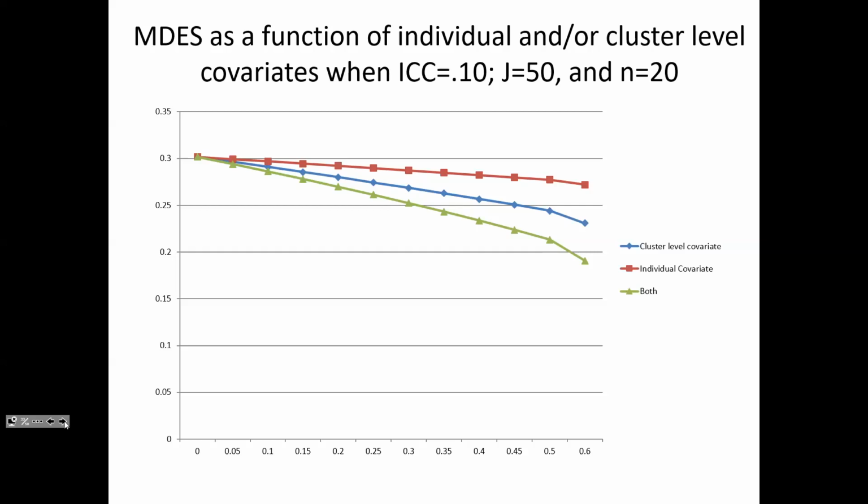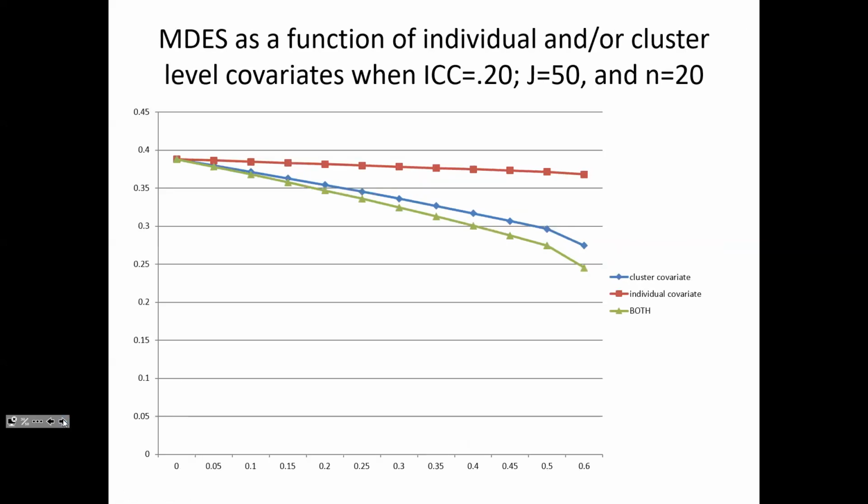My MDES drops from 0.3 to about 0.23. So it drops quite a bit more. And then you can see if I have both of those things, it drops even still. So you can get both the individual and the cluster level, that's your best bet. But even if you can't get individual level data, having cluster level covariates can help you with your power.